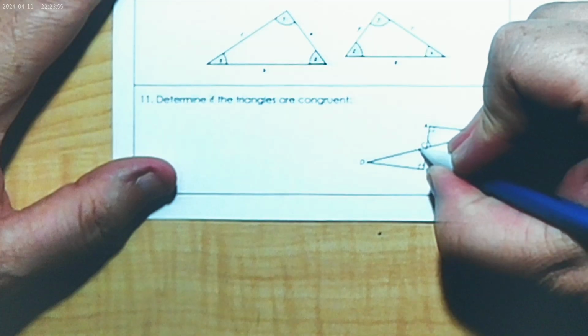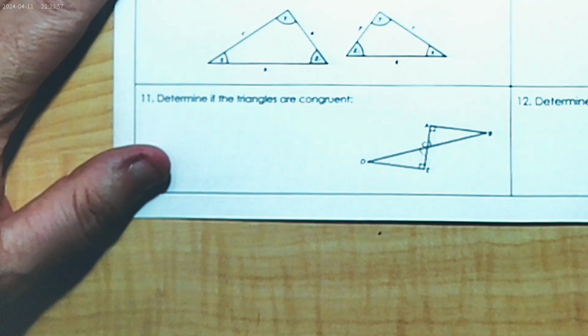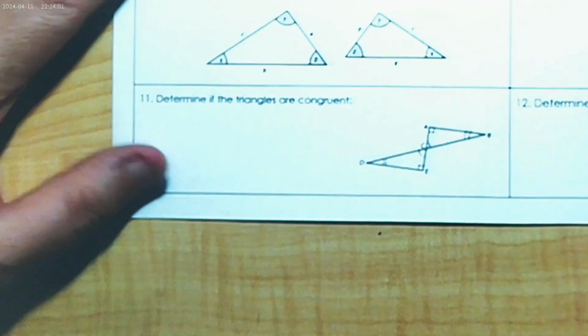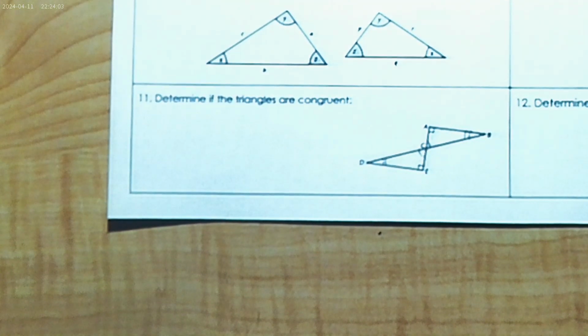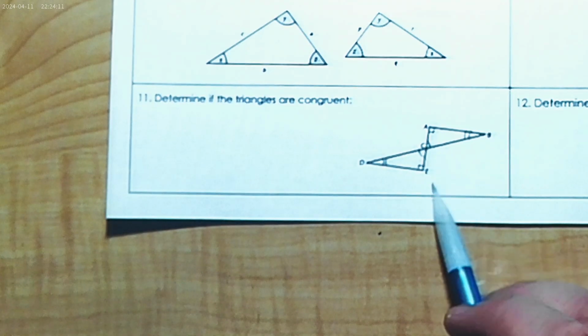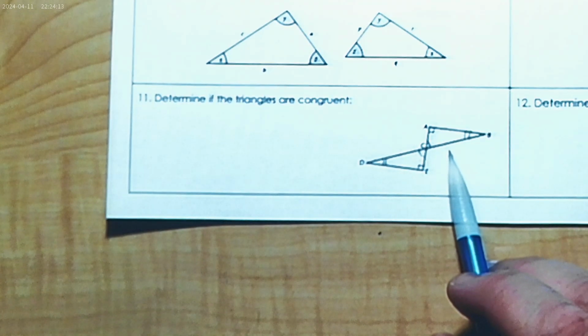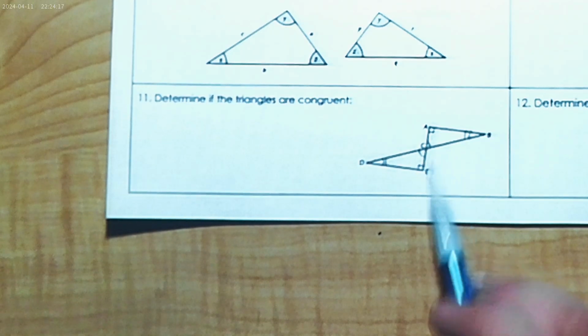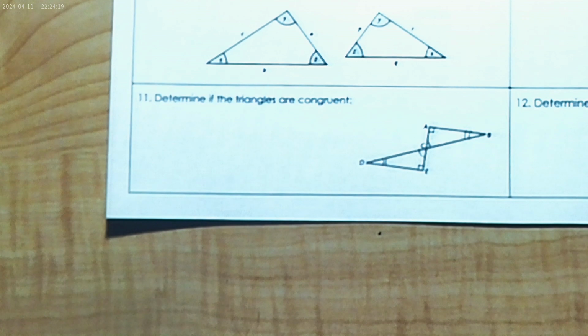All right, let's see if the triangles themselves are congruent. Well, I've got this angle is congruent. If these angles are equal and these ones are equal, let's see. I have to determine if these angles are congruent. So C is a vertical angle. I've got A as a right triangle. So is there a way that I can show that these are congruent?